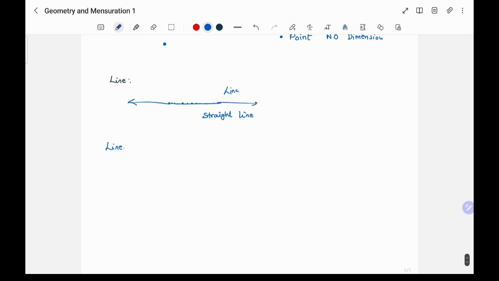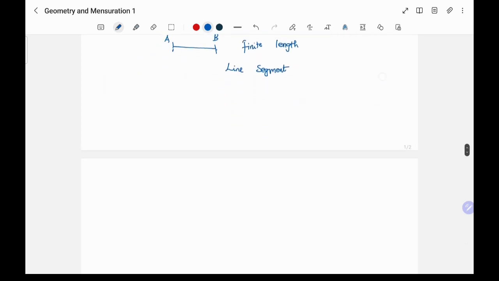Then what is a line segment? It is a segment of a line. You take this segment, let's say A and B. So it has finite length. Then it is called a line segment, right?